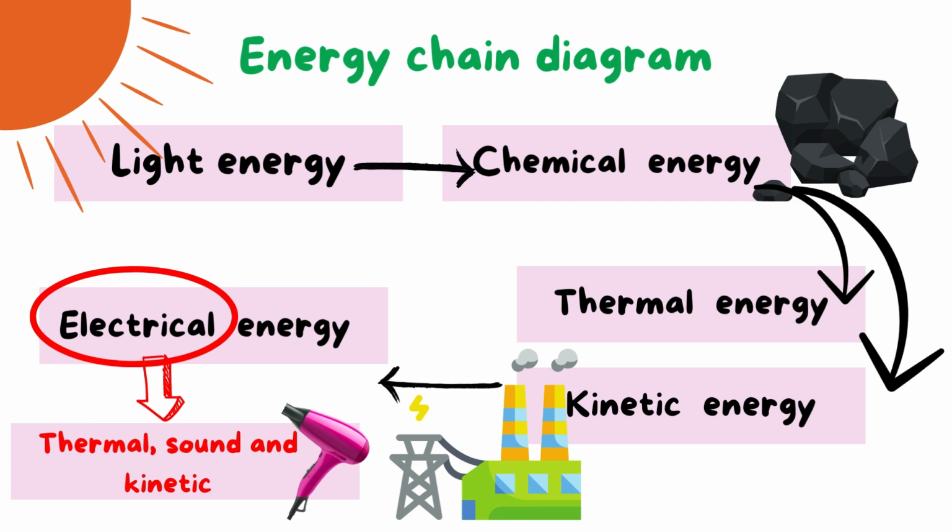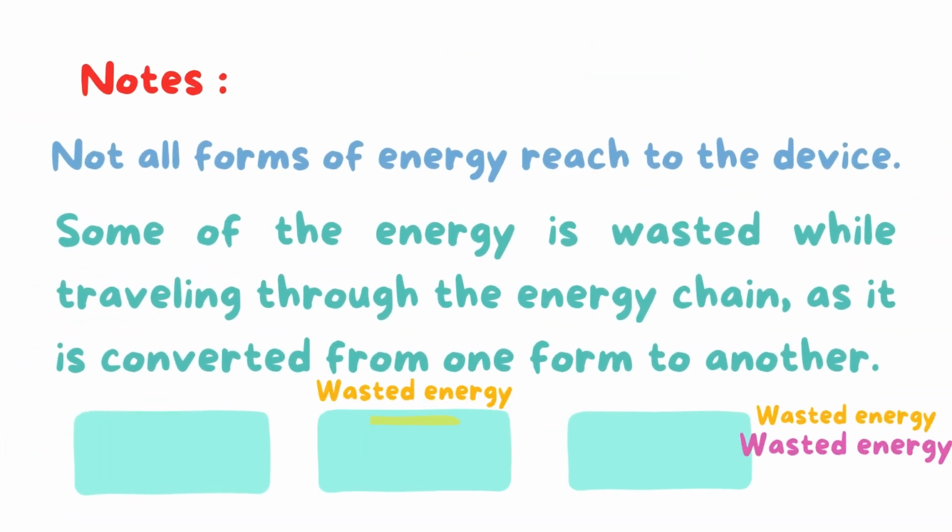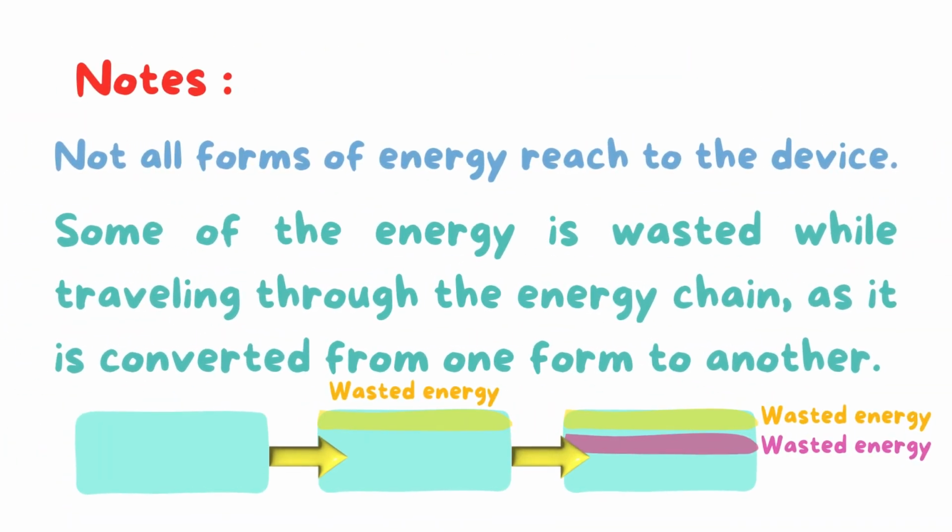Okay, we have a note here that not all forms of energy reach the device. What is the meaning of this sentence? Some of the energy is wasted while traveling through the energy chain.